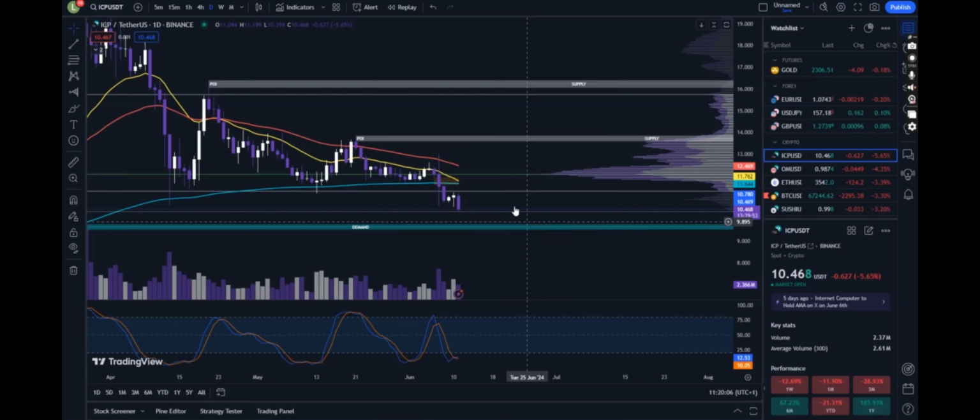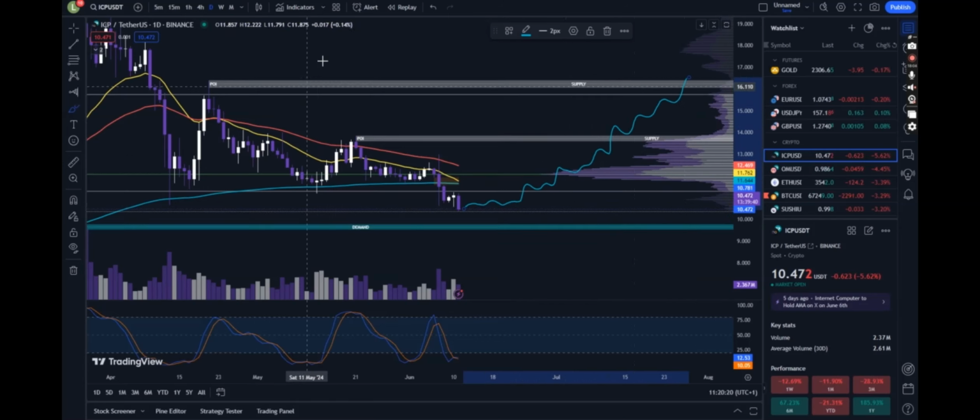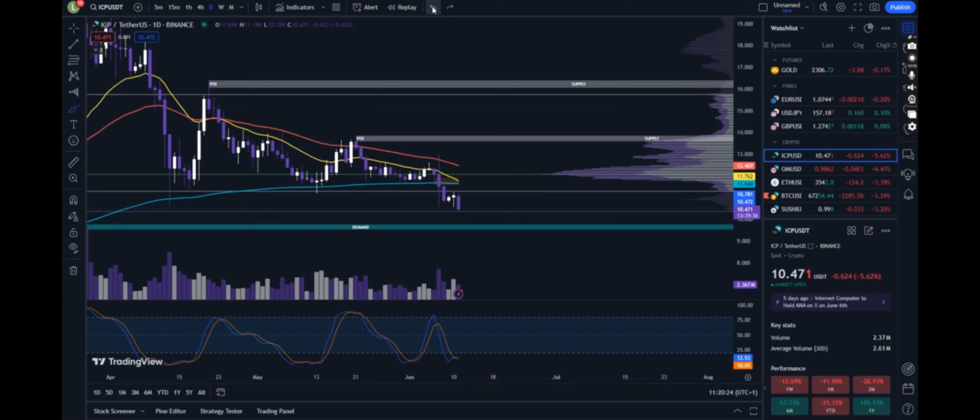We really do. You got your point of control there. You got your value area high, value area low. It's deviated below the value area low. You want to see it start to reclaim these areas. If not, we could be in for an absolute bloodbath on every coin on the market.